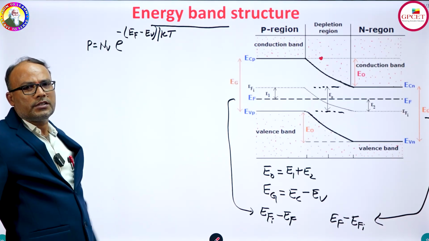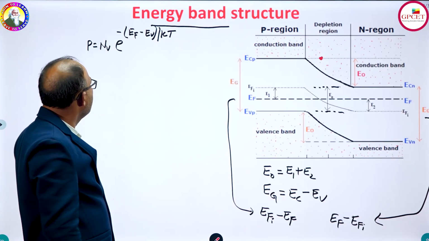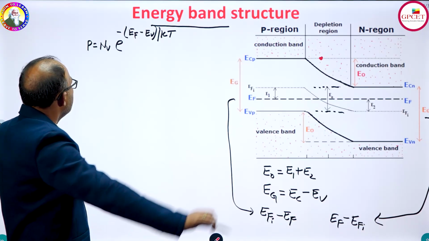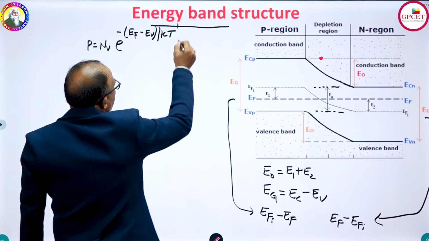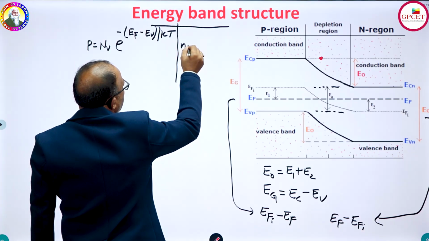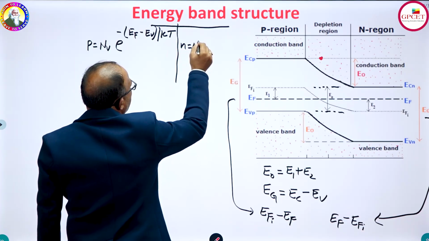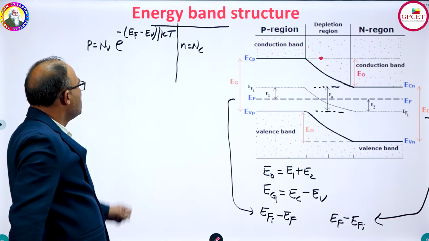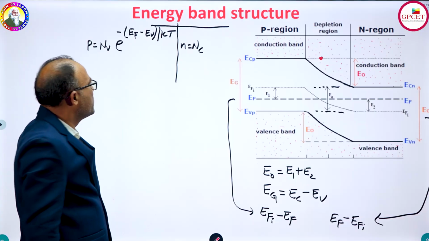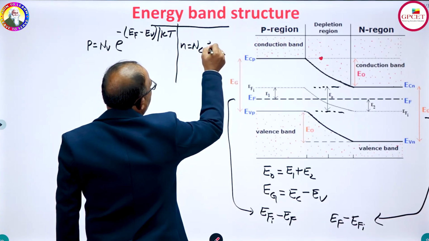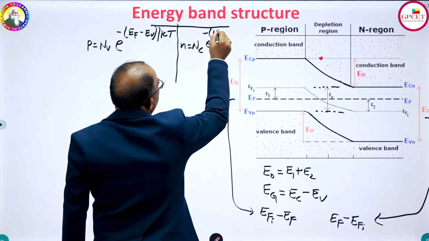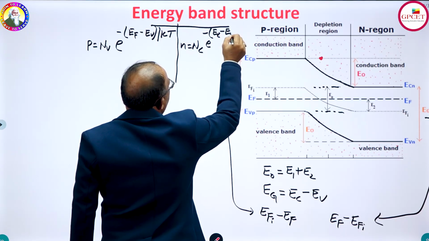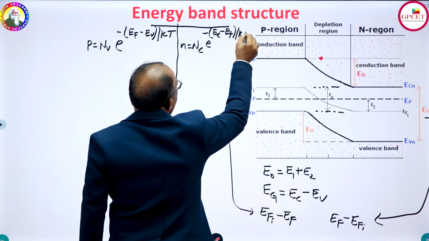Similarly, the concentration of electrons is N is equal to NC, where NC is called the effective mass of electrons in the conduction band, and NV is the effective mass of holes in the valence band. N is equal to NC into e power minus of EC minus EF divided by KT.